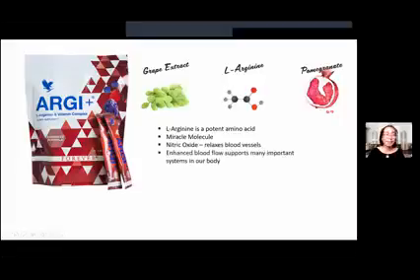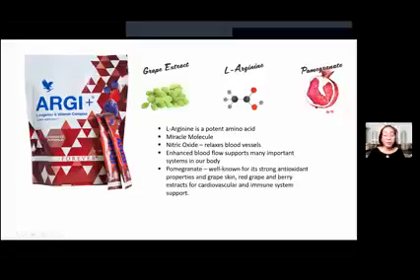So it supports a lot of systems in your body. It's very important for immune health. It has this strong antioxidant, the pomegranate, the granada. This is a very good antioxidant for your immune system.